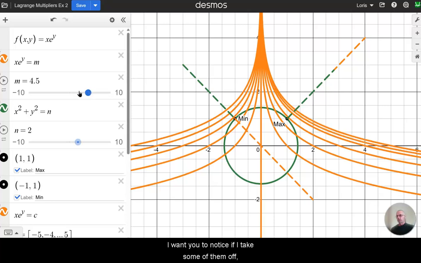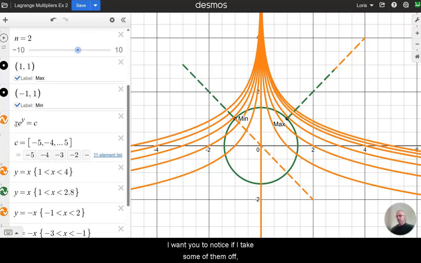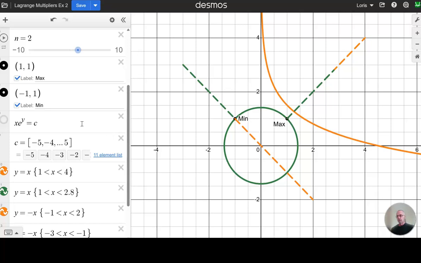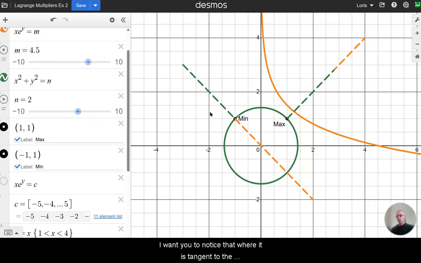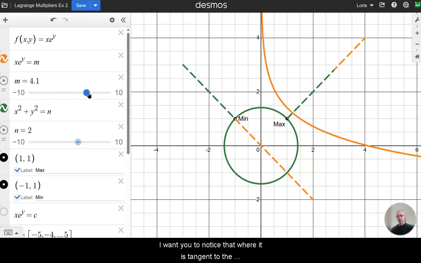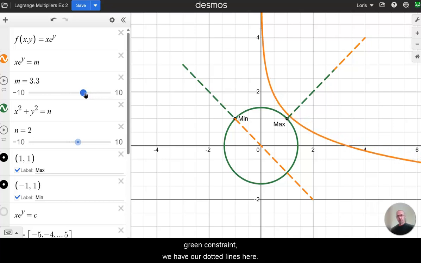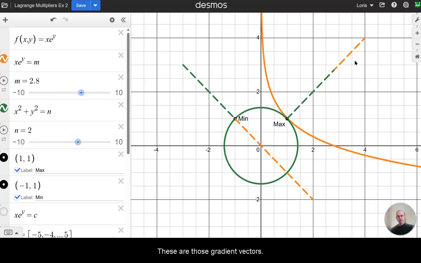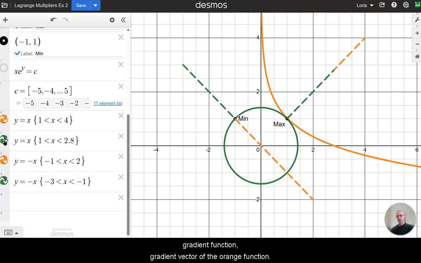I want you to notice if I take some of them off, if I take them all off, I want you to notice that where it is tangent to the green constraint, we have, in dotted lines here, these are those gradient vectors. So gradient vector of the green function, and then gradient vector of the orange function.